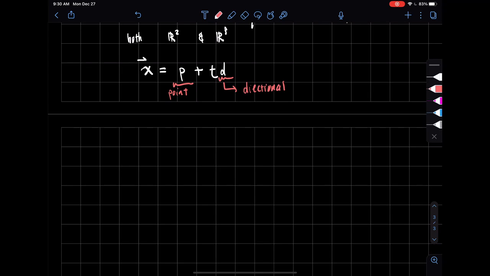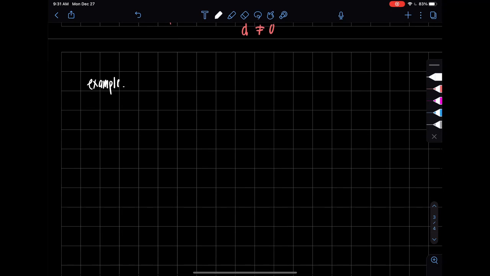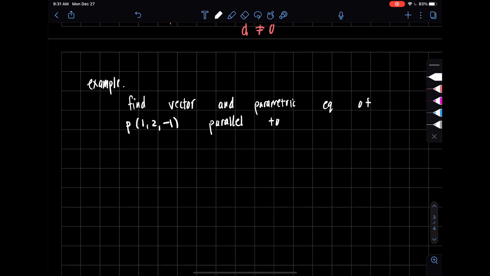So let's look at an example. In this example, we need to find the vector and parametric equations of the line through the point (1, 2, -1) that is parallel to the directional vector (5, -1, 3).